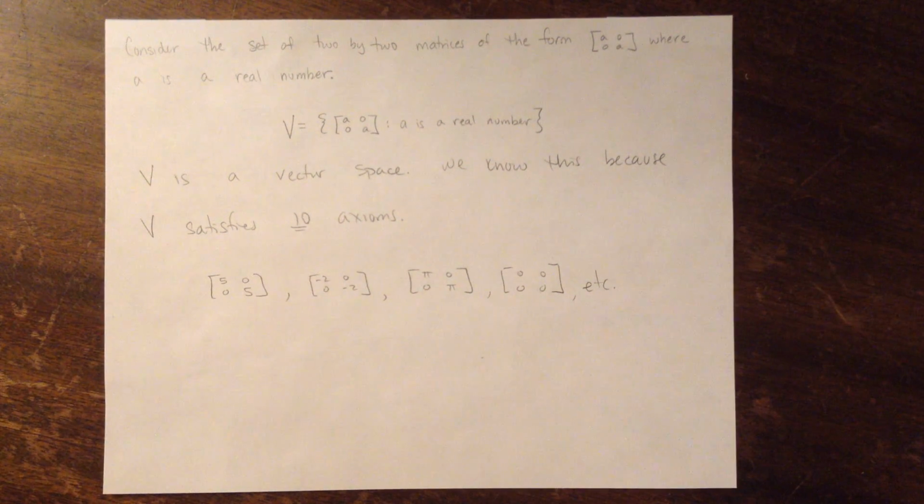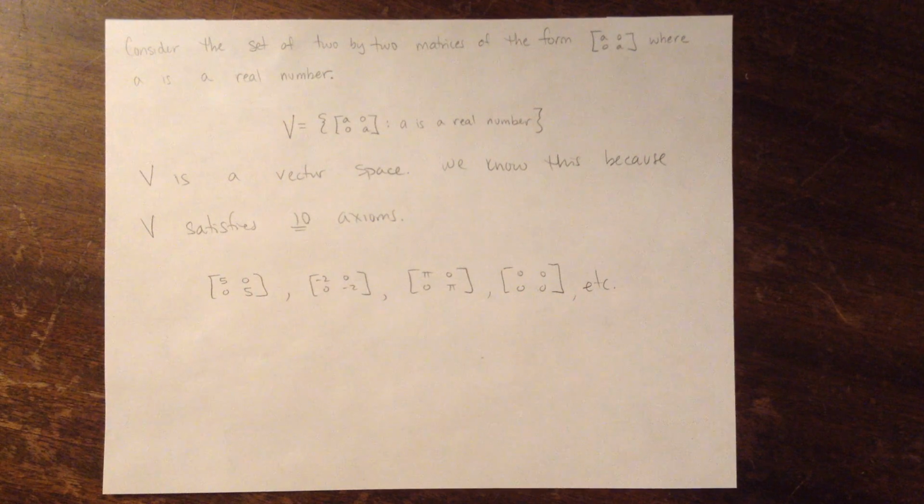Now because we're calling V a vector space, we're going to call the elements of that set vectors. So the term vector is now going to encompass a much larger, more flexible bunch of things. In this case, because the set that is a vector space contains matrices, we're calling these matrices vectors.